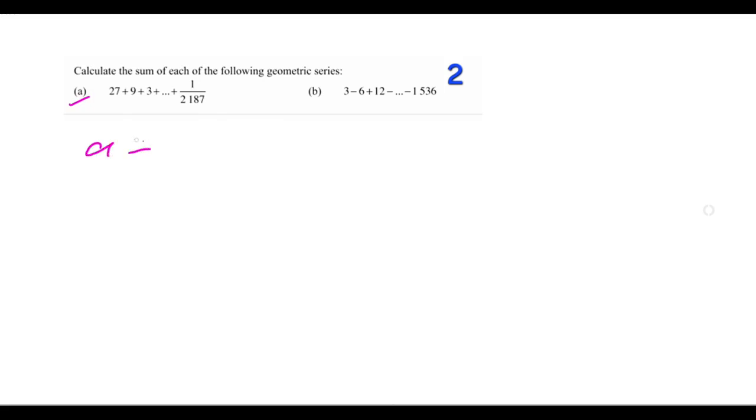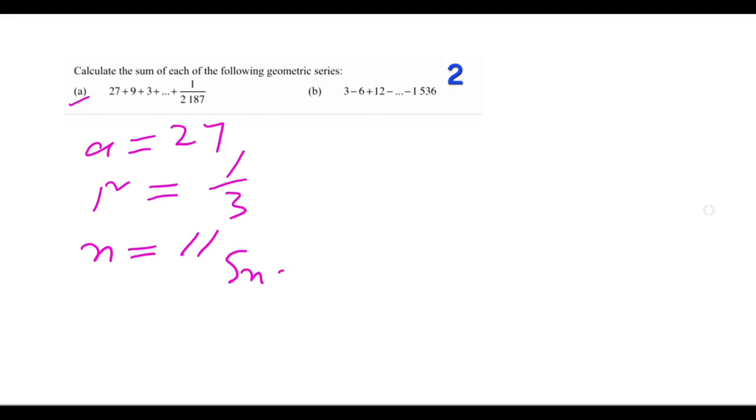So we got a is equal to 27, the ratio is 1 over 3, and n is equal to 11. Since r is less than 1, I can apply the less than 1 formula. Sn is equal to a times (1 minus r to the power n) over 1 minus r.